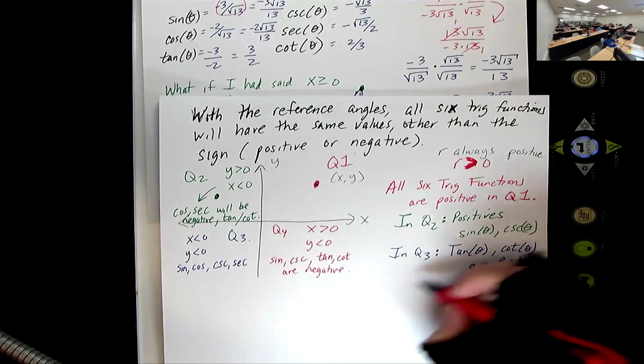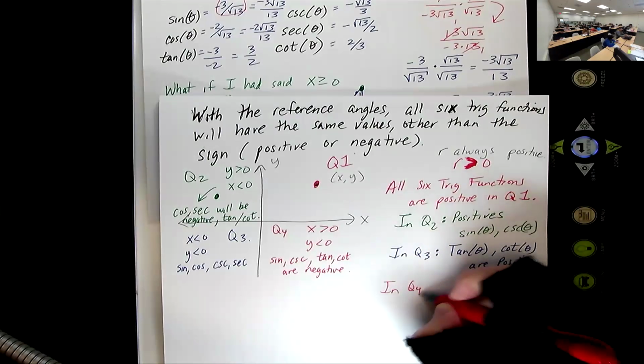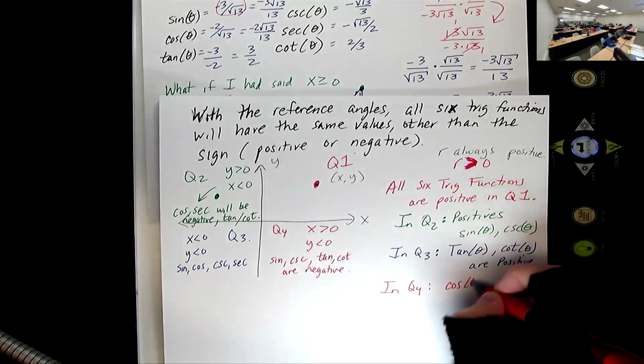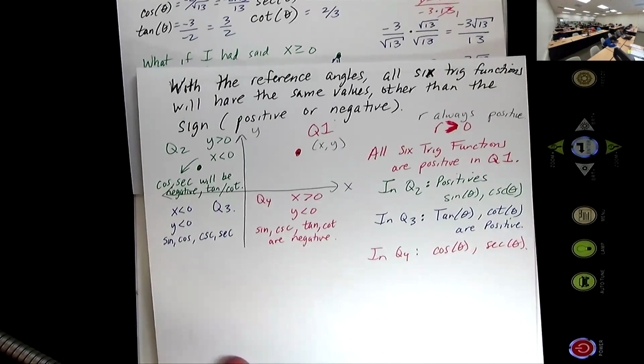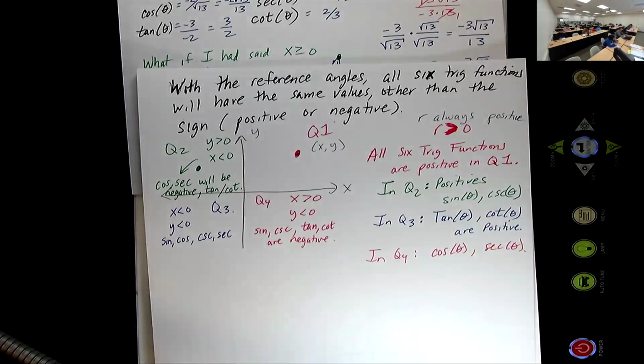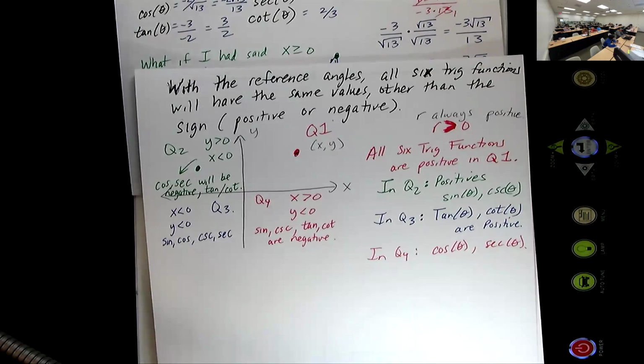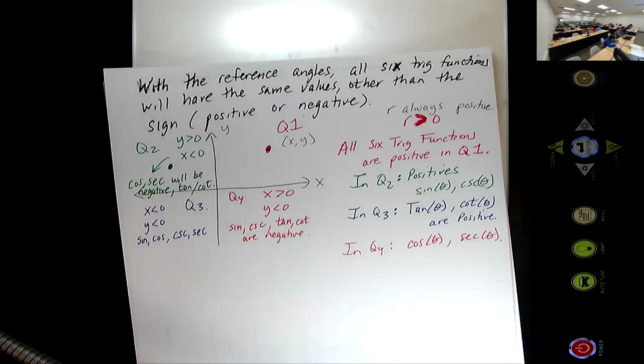In fact, the only positive ones in Q4 are cosine and its flipped over partner secant. Give me a chance to write that down before we go over an easy way to remember it.